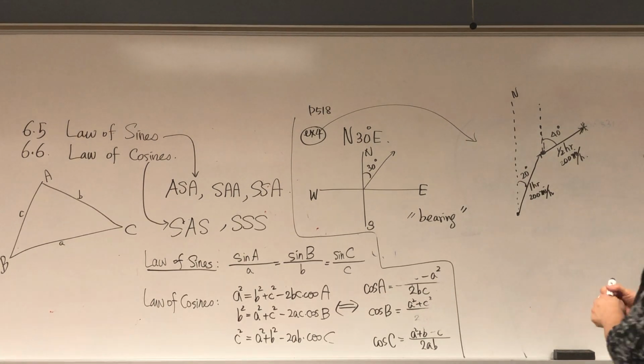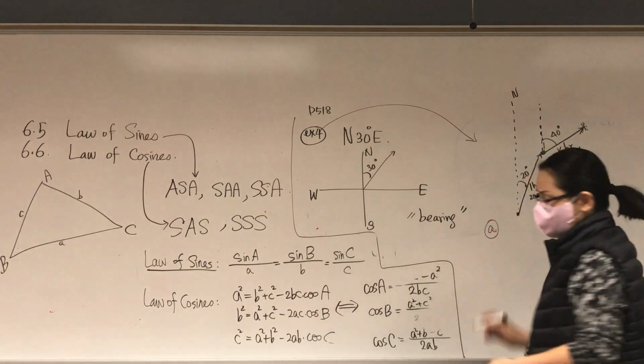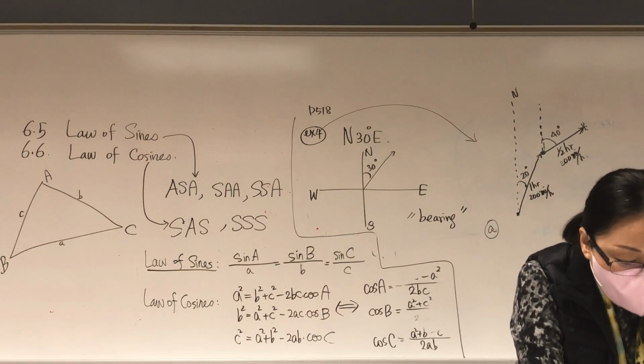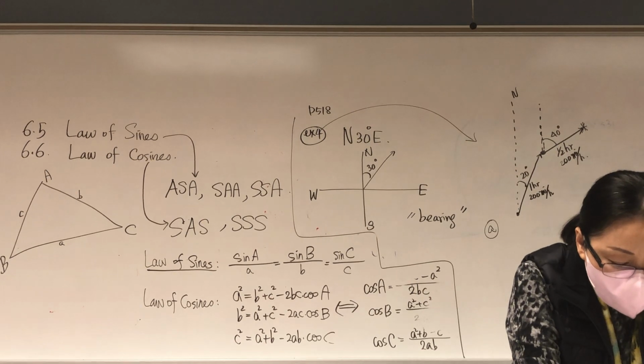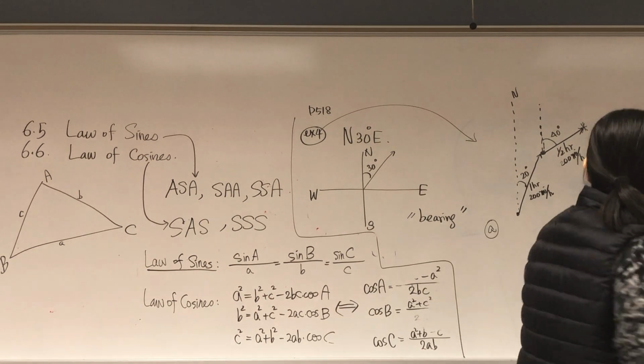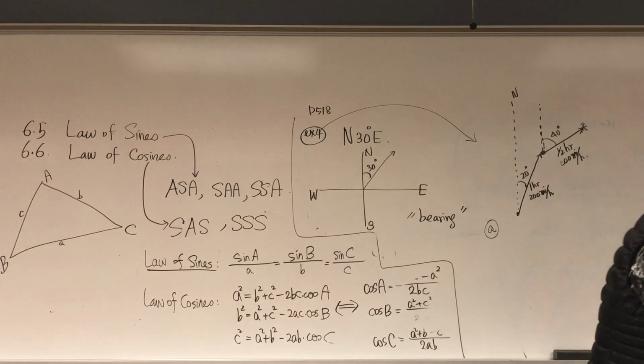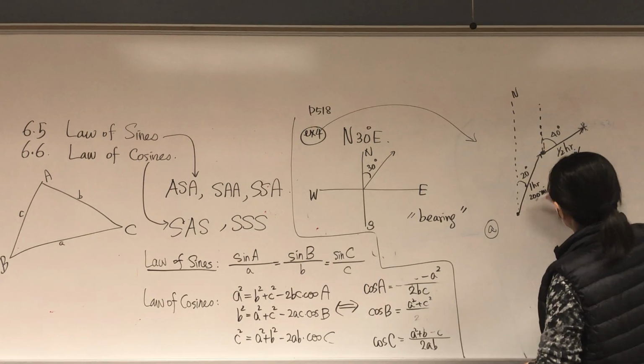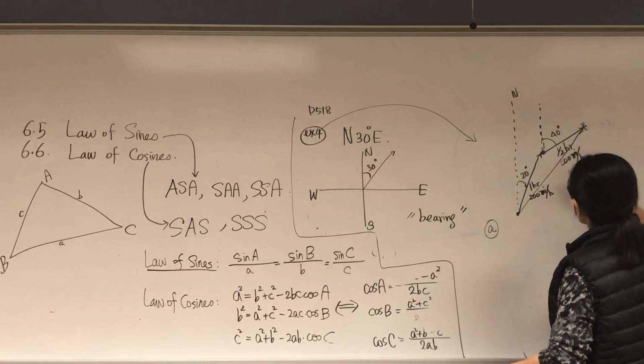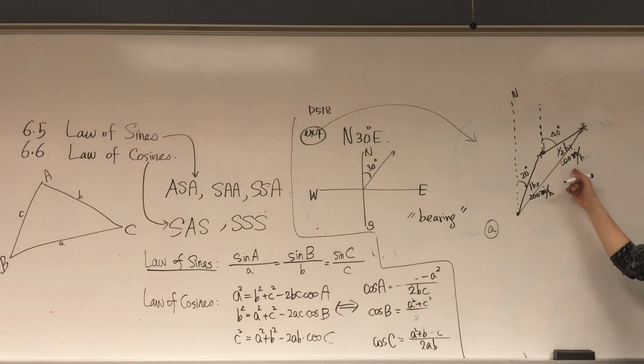So part A, what is the question? Find the distance between the airport and his final landing point. So we are looking for this distance, am I right? This is the first question.